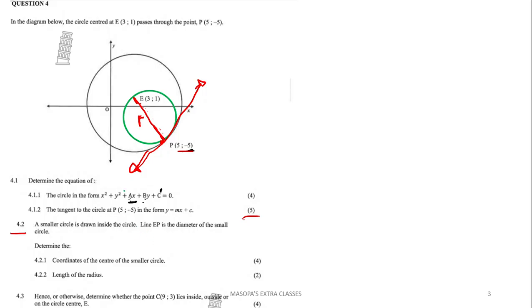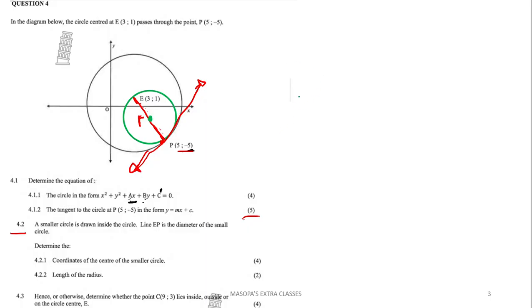Okay, then in 4.2.1, they ask for the coordinates of the center of the small circle. So it means now we have a circle in green, as I made a sample for you. Let's say the center is here. Now how are we going to find the center there?